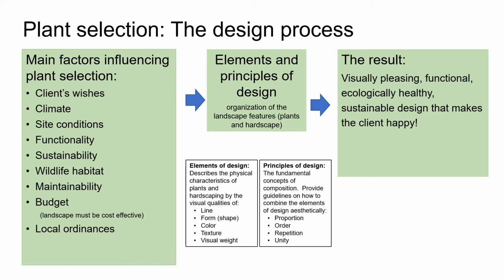Having completed the site evaluation and established the client's wishes, we can then start to think about how we can organize or arrange the landscape features, which include both soft landscaping, the plants, and hard landscaping, walls, paths, rocks, fences, arbors, etc. And we can use the elements and principles of design to help us organize these features in an aesthetically pleasing way. And the result should be a functional, ecologically healthy, sustainable design that makes the client happy.